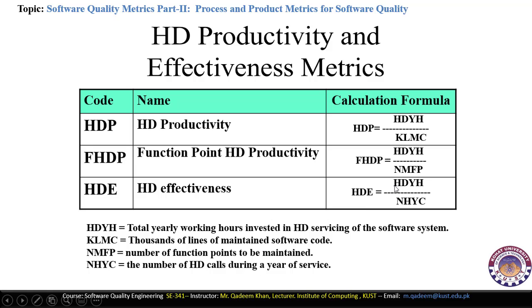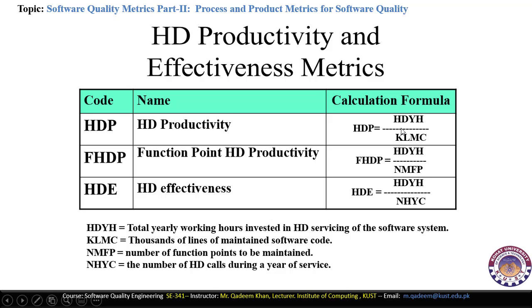So for example, I have certain questions: what is the ideal value of HDP? How can we say what the ideal value should be? That is the total yearly working hour investment in HD services of the software divided by 1,000 lines of maintained code.